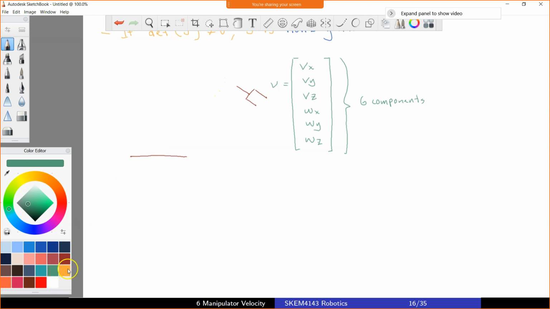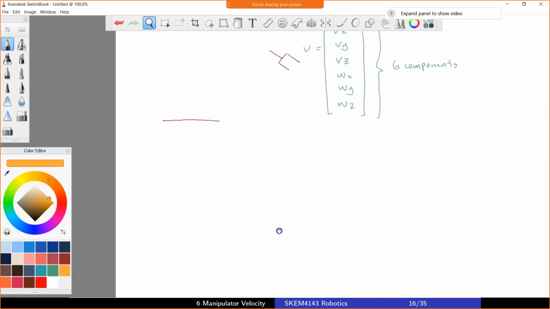So on the other hand, if you have another scenario, this is the base of the robot arm, and you only want to use the robot arm to draw, right?